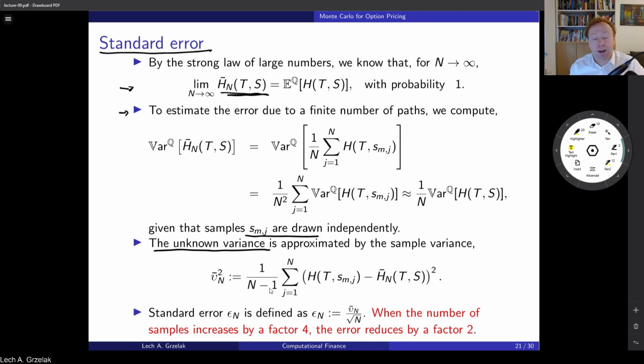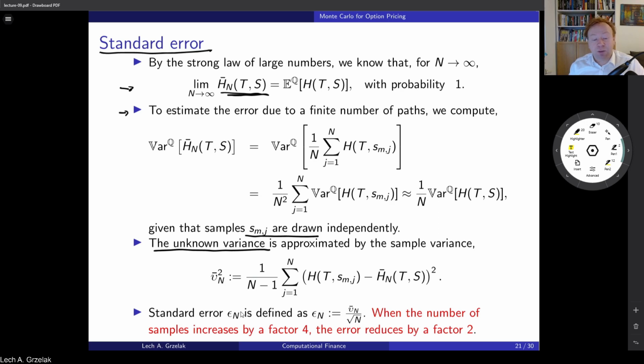We have 1 over n minus 1, where n is the number of samples. And then we have the definition: the payoff evaluated at each path minus the average. Of course, this is a quantity that we have to compute once we have performed the experiment of computing the expectation.